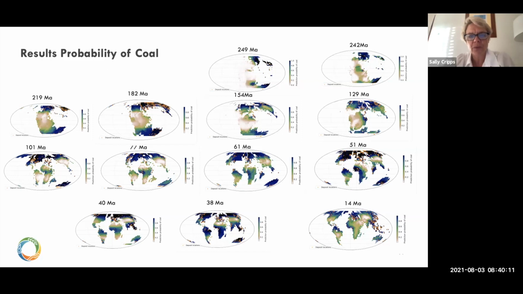And superimposed upon those graphs are the dots, which indicate the actual location of the deposits themselves. Not surprisingly, where there were actual coal deposits, you'll see that areas surrounding those locations have a high probability of coal, and other areas don't. In the paper, we also show the uncertainties around these probabilities.